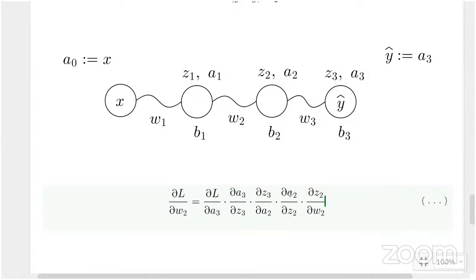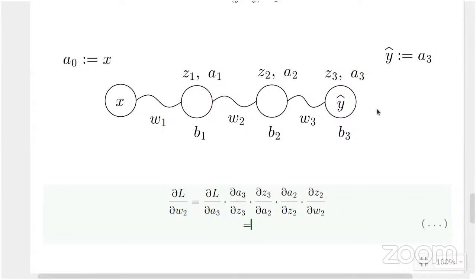Weights don't come in between, it's only at the end that we get the weight. By the definition of the partial derivative, everything else except W2 is fixed. What is affected by W2 is the activations and the pre-activations. So W2 will affect Z2, A2; A2 will affect Z3, A3; A3 will affect the loss.